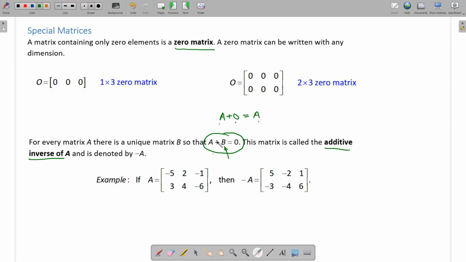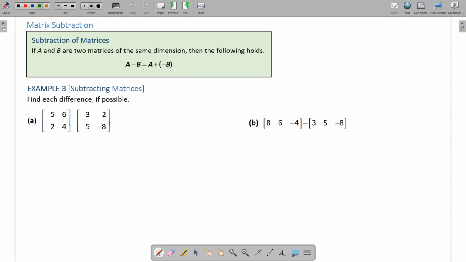So the way we find this is we just define this matrix B to be -A, as you see here. And the way you get that is you simply take the negative of all the elements inside, which is exactly what you'd expect. So the additive inverse of a matrix A, you just put negatives inside of the matrix on each element. This then enables us to define matrix subtraction.